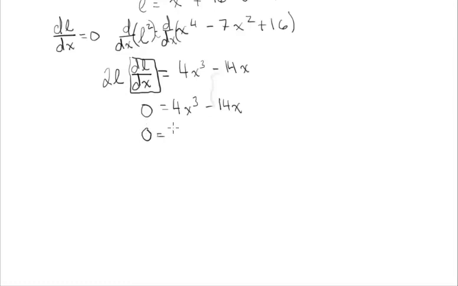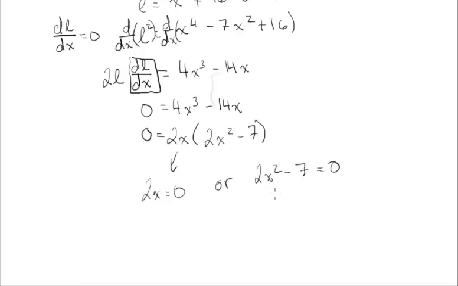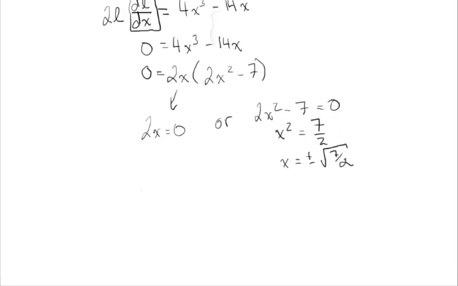So I will factor out a 2x. So I get 2x squared minus 7. So that means 2x equals 0, or 2x squared minus 7 equals 0, which would mean x squared equals 7 over 2, which would mean x equals plus or minus the square root of 7 over 2.